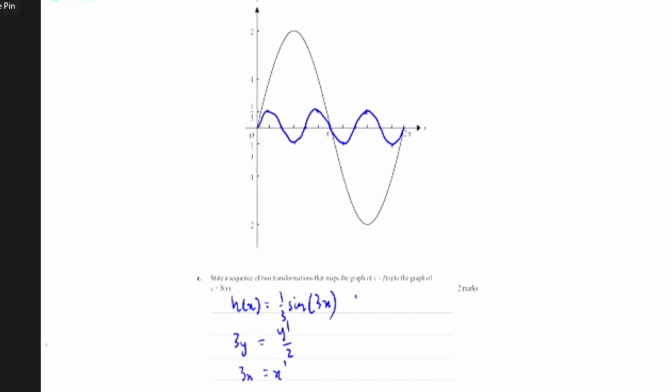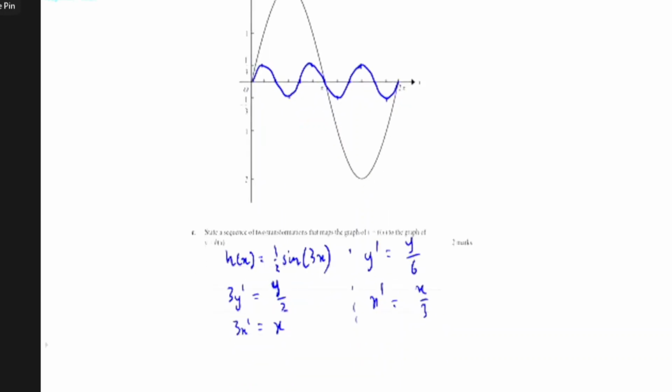Okay, so when you rearrange for y dash and x dash, you get y dash is equal to y divided by 6 and x dash is equal to x divided by 3.